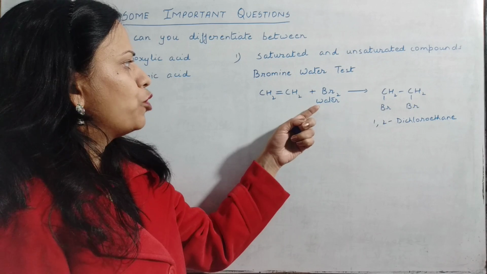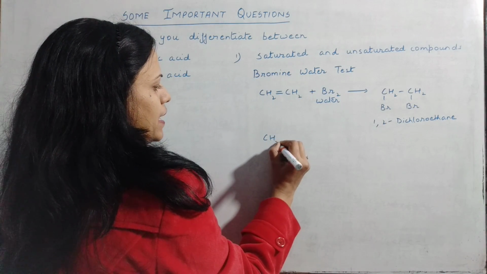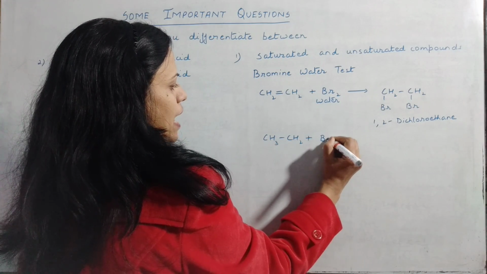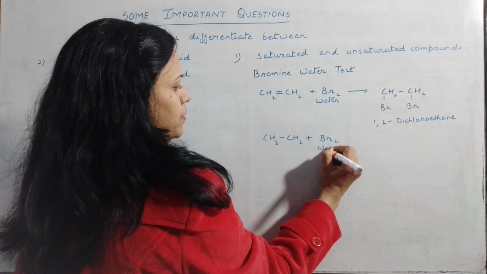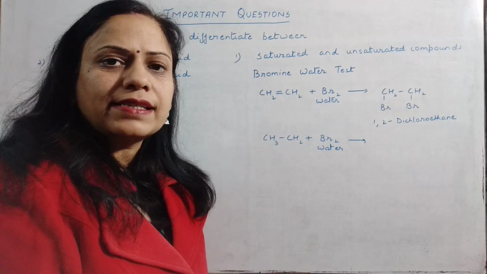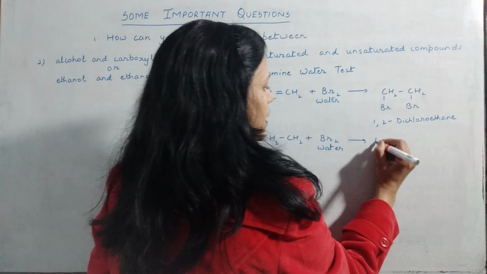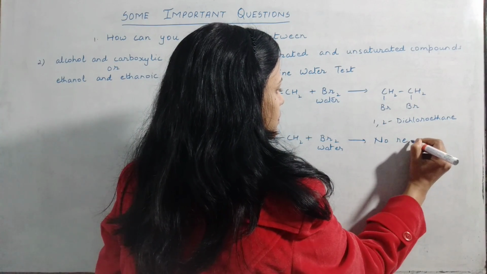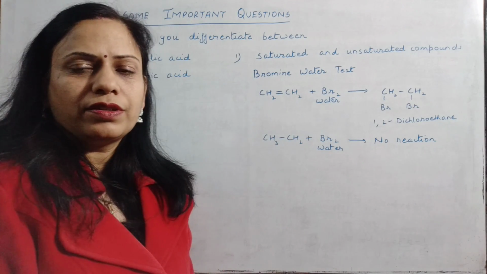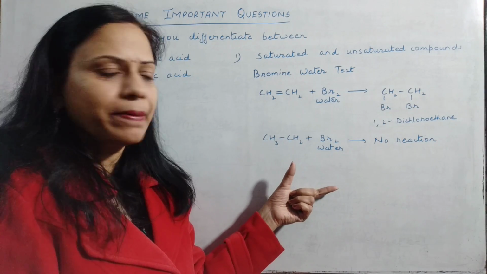But if you add bromine water to a saturated compound, for instance, if we take ethane, it is CH3 single bond CH3, and we add bromine water to it. Since this compound is already saturated, there will be no reaction, because there is no place for addition to take place.